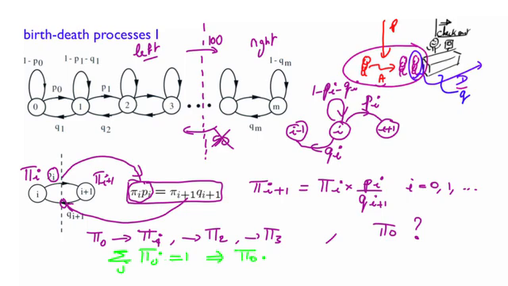This can be rewritten as pi 0 plus pi 1, which is pi 0 times p0 over q1, plus pi of 2, which is pi of 1 times p1 over q2, that is pi of 0 times p0 times p1 over q1 times q2, plus etc., equals 1. So this equation allows us to find pi of 0, and then we use this recursion to find pi of 1, pi of 2, pi of 3, etc.